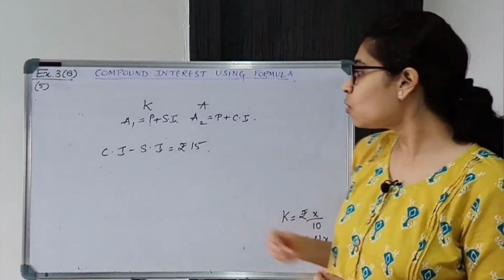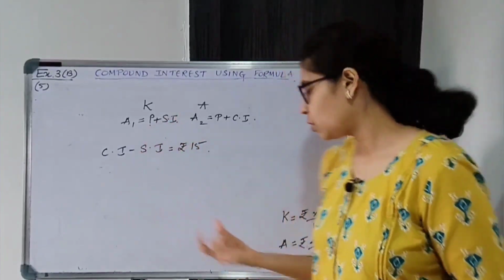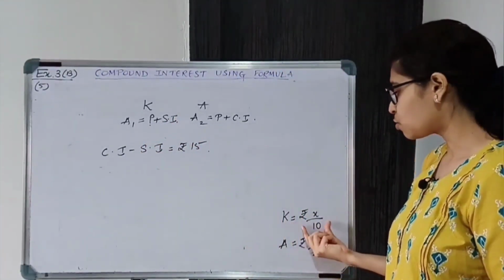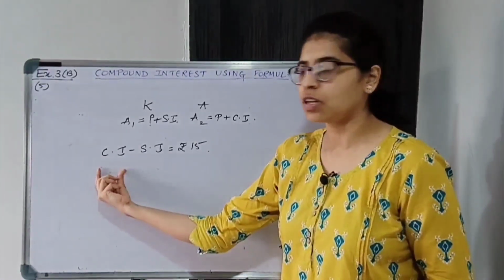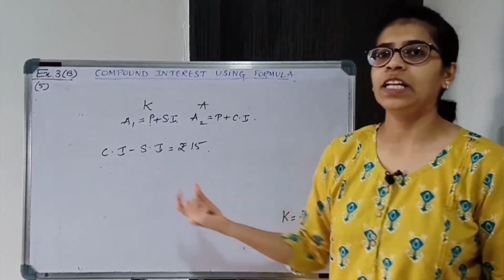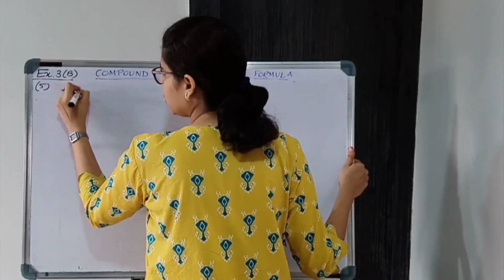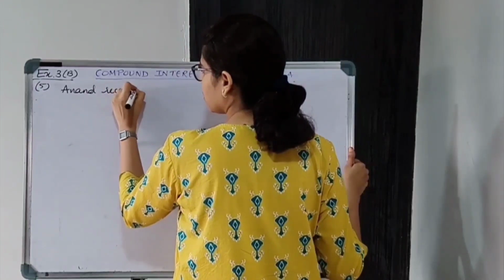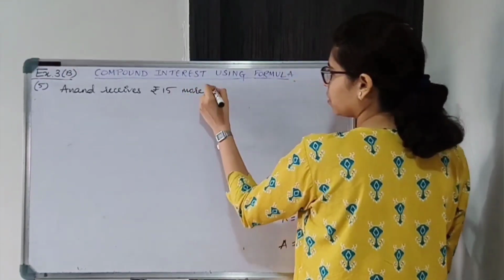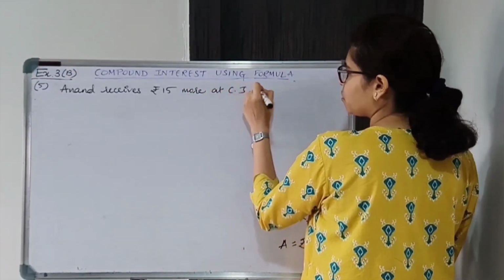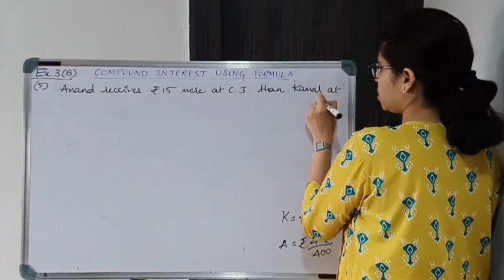Okay, so now we'll use this information. CI we know, SI also we know. Kamal invested at simple interest, so simple interest is this, and Anand invested at compound interest, so compound interest is this much. We'll solve this and we'll get the value of X, that is the principal that both of them invested. So Anand receives rupees 15 more at compound interest than Kamal at simple interest.